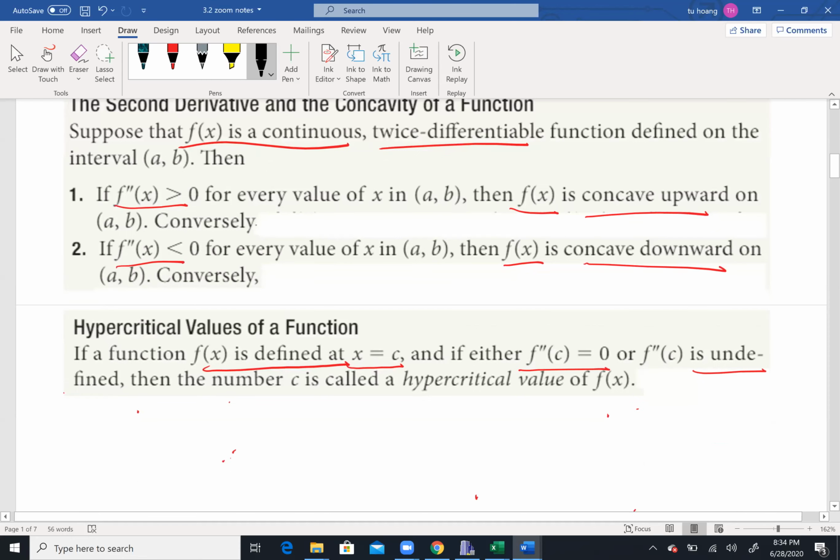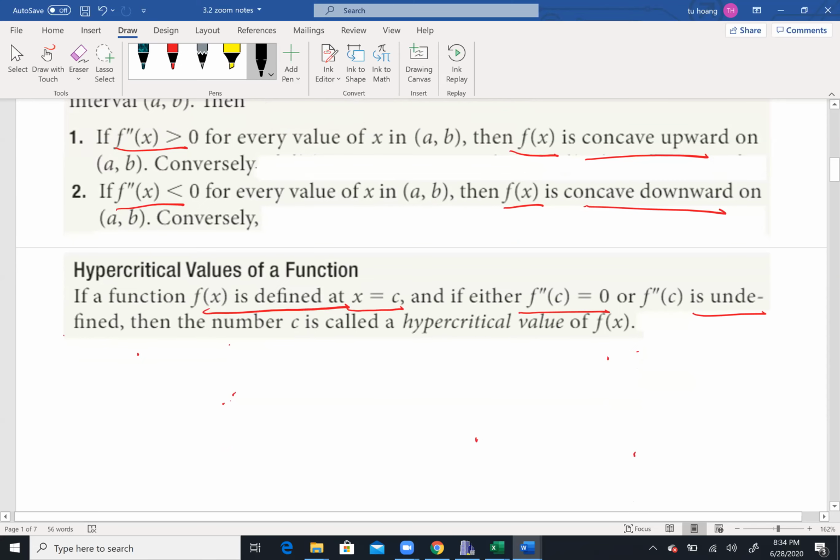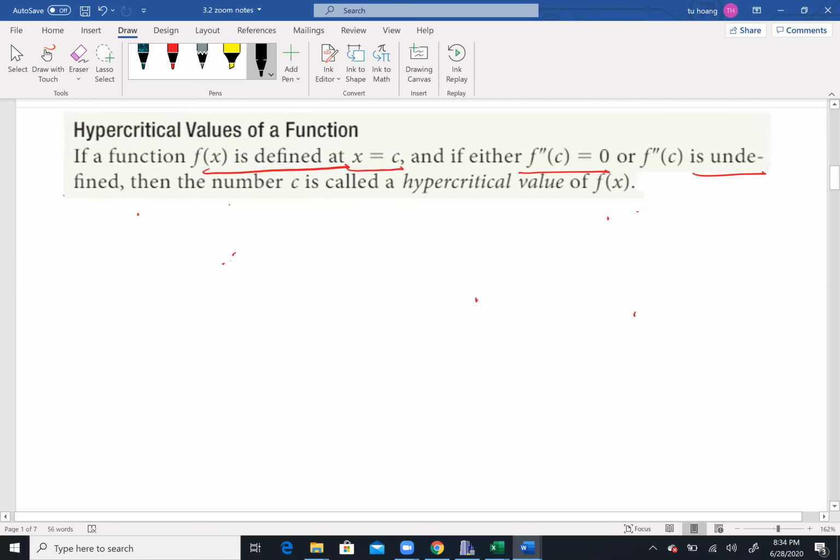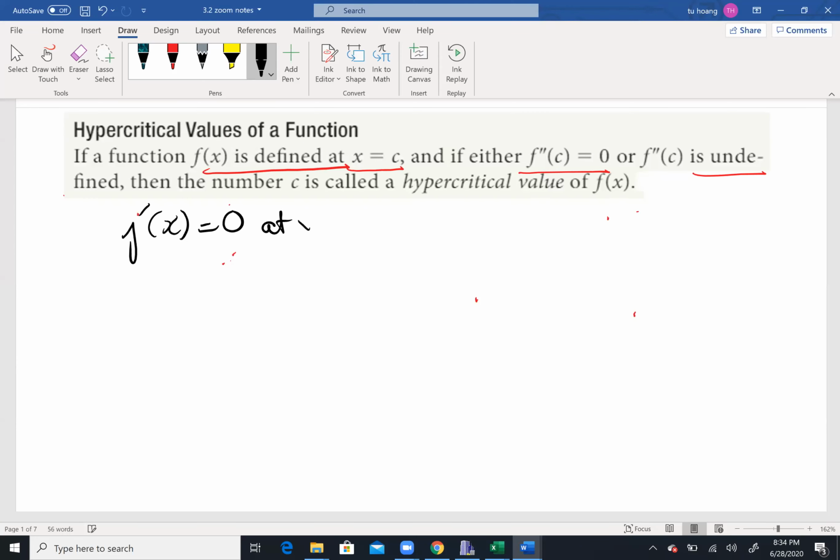And in here we have one thing about hypercritical values of a function. So we learned in 3.1 that if I have f derivative of x equals 0 at x equal to c, then c is a critical value, right?